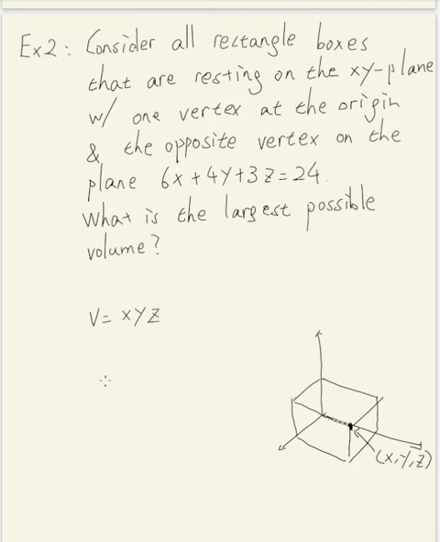So the volume is obtained by x minus 0 times y minus 0 times z minus 0, which is xyz. And since this point lies on this plane, we can express z in terms of x and y, right? So we have the plane equation, 6x plus 4y plus 3z equals 24.